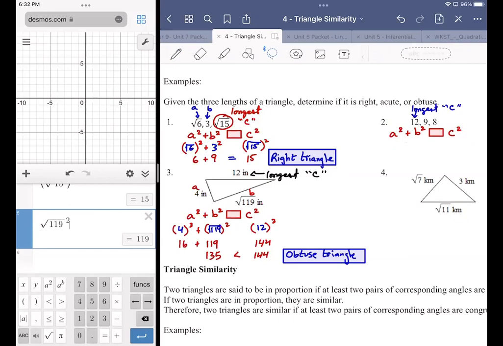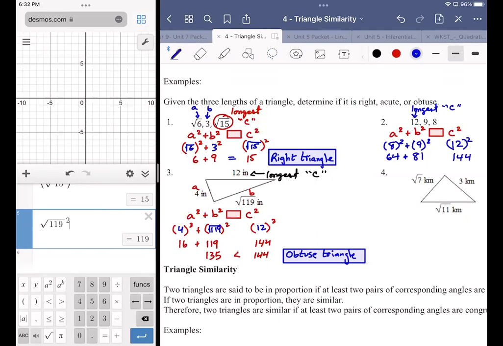All right, so 8 squared, let's have a marker on, plus 9 squared, and 12 squared. 8 squared is 64. 9 squared is 81. 12 squared is 144.